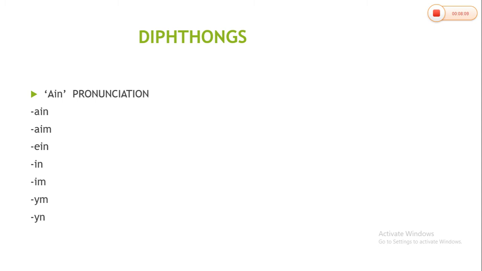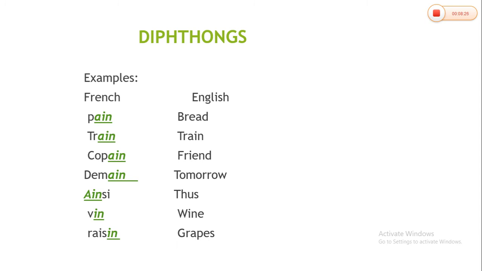In French, these all letters AIN, AIM, EIN and so on, they give a sound, which is a nasal sound. Let us do some examples. PAIN will be pain, bread. Train, train. Copain, copain, friend.